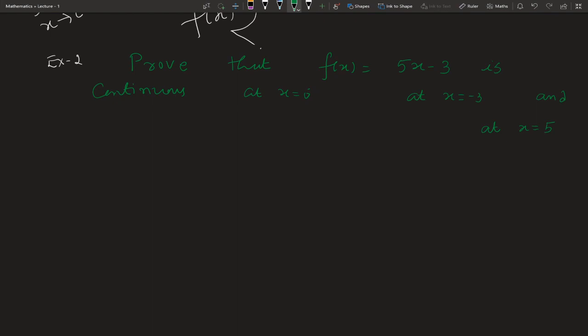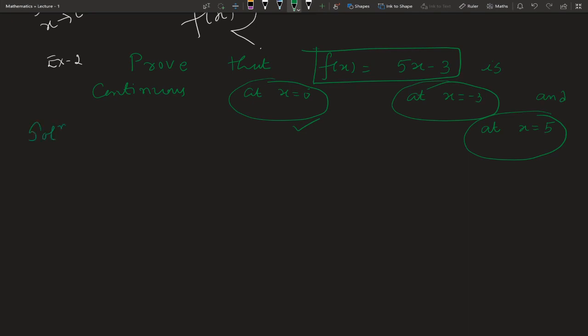So here we have three problems. The function is defined. We have to check continuity of this function at x equal to 0, this is problem 1, at x equal to minus 3, and third at x equal to 5. So first let us check the continuity at x equal to 0.